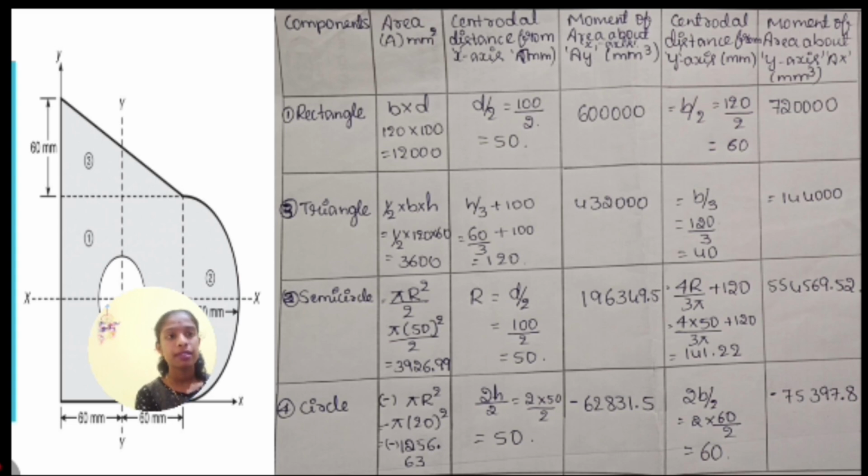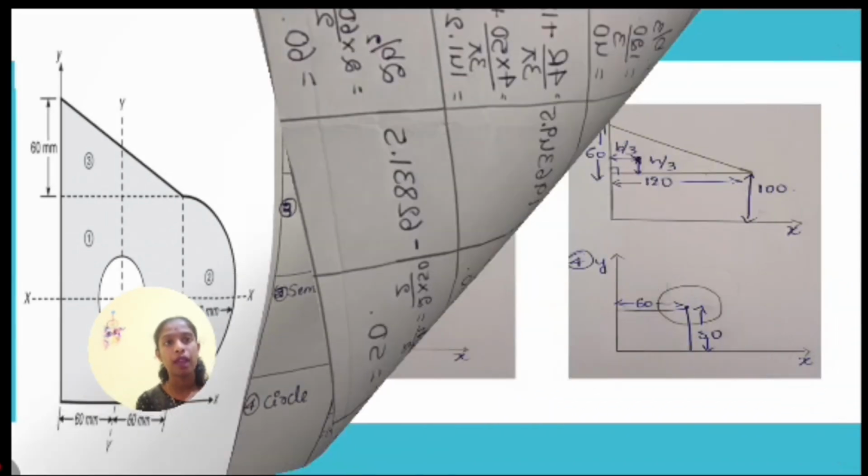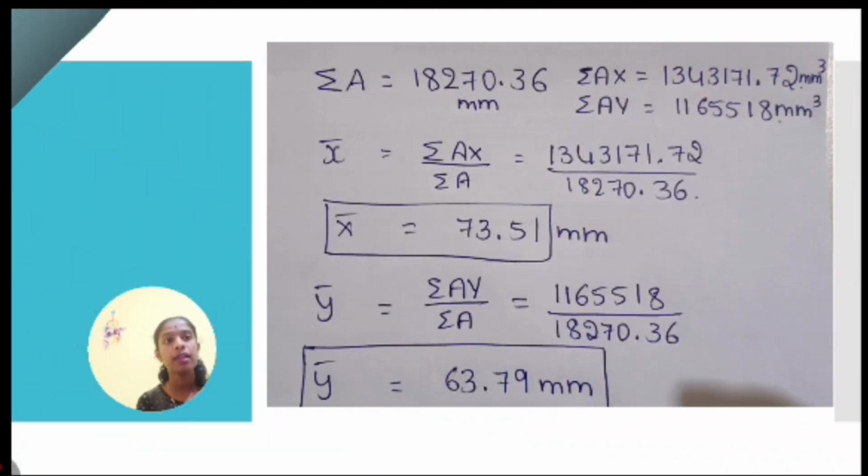And for a semicircle, area 3926.99 into centroidal distance 141.22, we get 554569.52. And for the circle, the moment of area about the y-axis, that is ax, we get minus 75397.8.